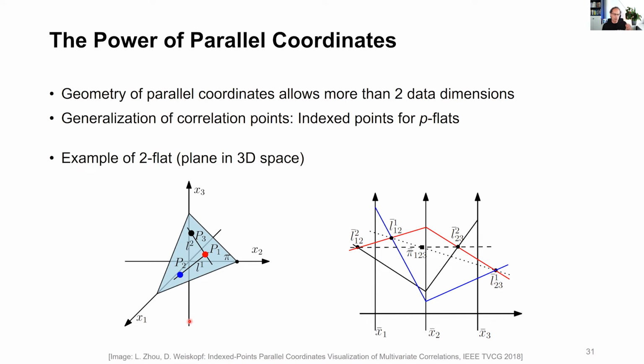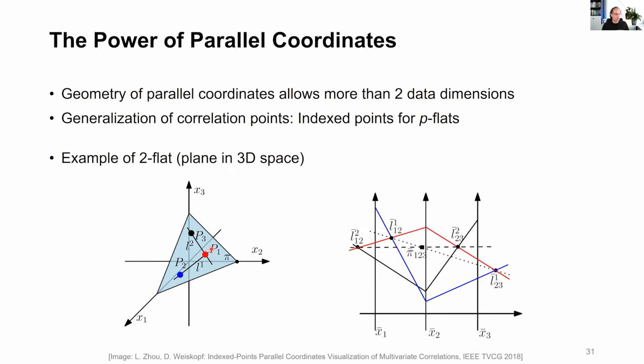Now we can do our trick from the previous slide, where we would like to identify what happens to a linear correlation or a straight line here. We could, for example, take the line spanned by P2 and P1, meaning the blue and the red point, and just look at the intersection points. So we have an intersection point here between the red and the blue curve, and we have another intersection point here.